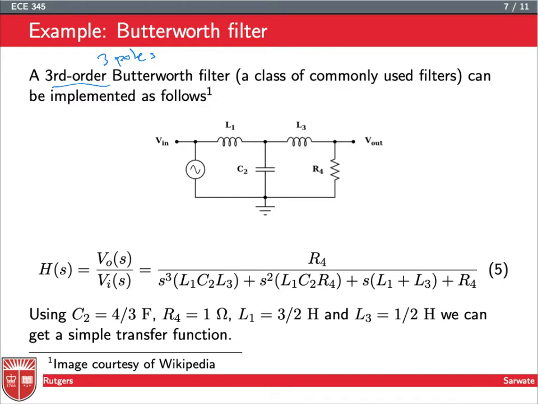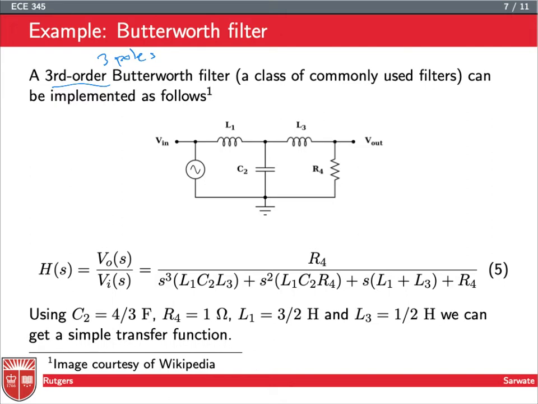So now we can plug in some values so we don't have all these symbols lying around. We can just pick some numbers. Suppose we make a 4/3 farad capacitor, a 1 ohm resistor, and 3/2 henry and 1/2 henry inductors.